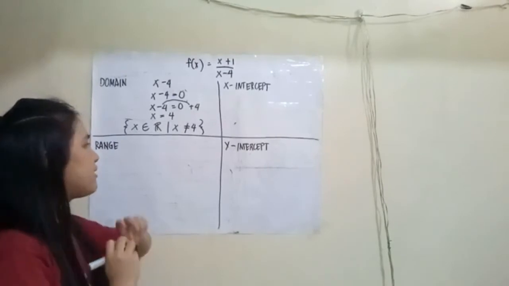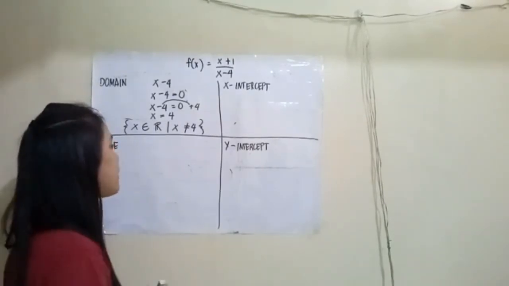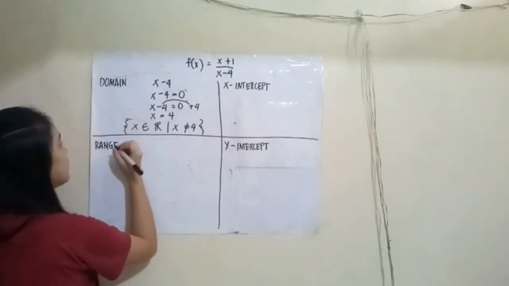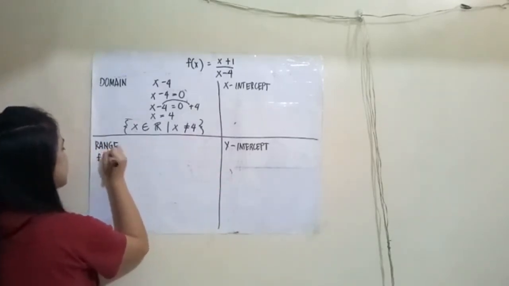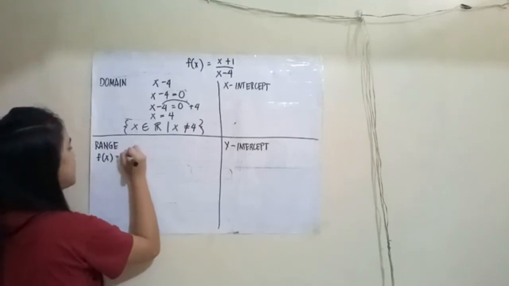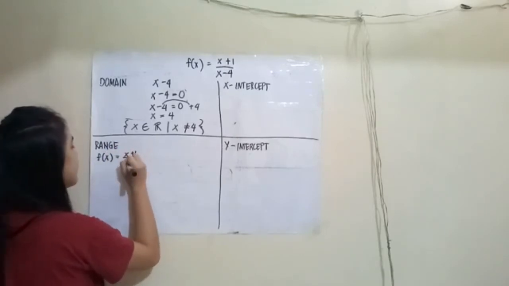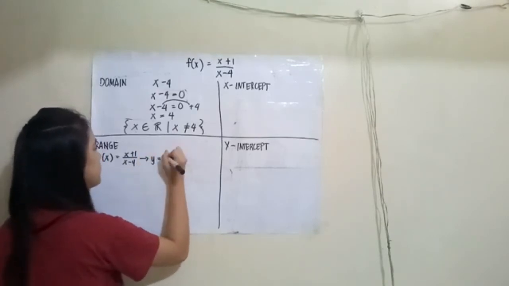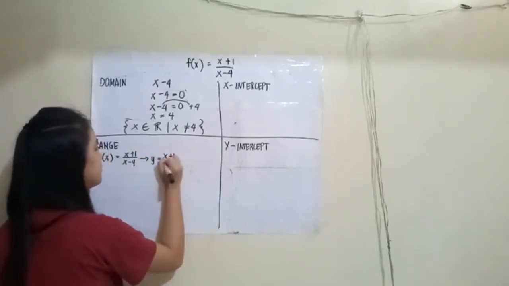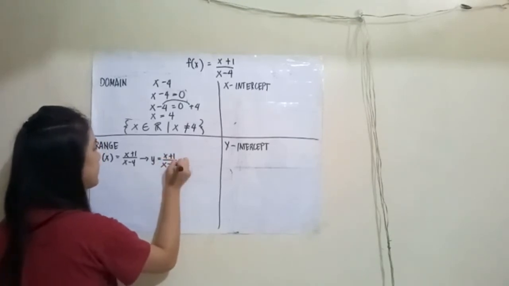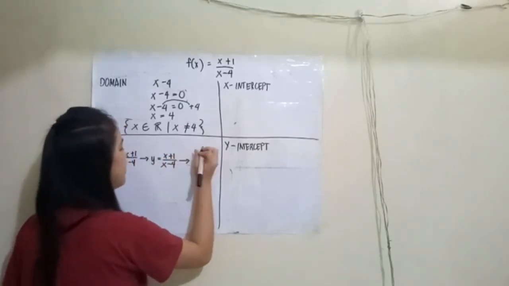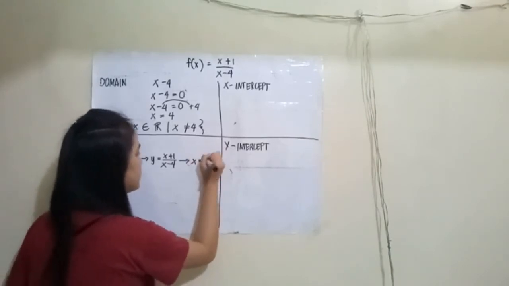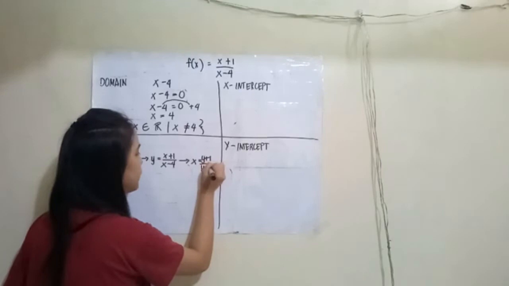So here we will use the domain of its inverse. Given the rational function f of x is equal to x plus 1 over x minus 4, y is equal to x plus 1 over x minus 4, then x is equal to y plus 1 all over y minus 4.